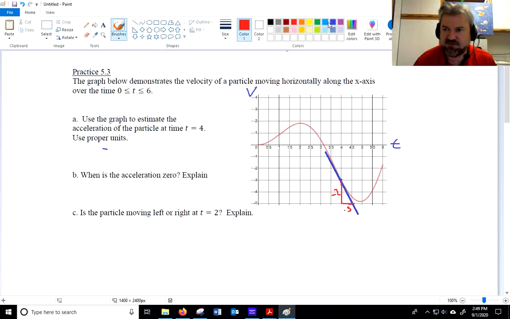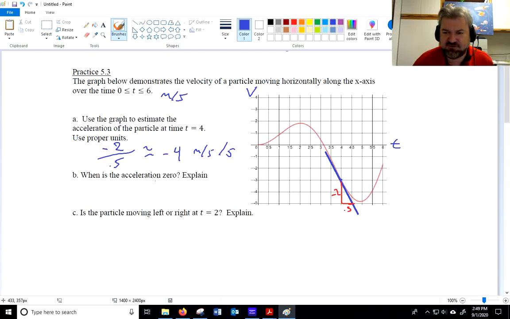So I'm going to call this negative 2 divided by 0.5. So that's negative 4. And we didn't describe the units, so we don't have to give the units if they don't give them to us. But let's just say this was in meters per second, then this would be meters per second squared, since the units on velocity are meters per second, over second.